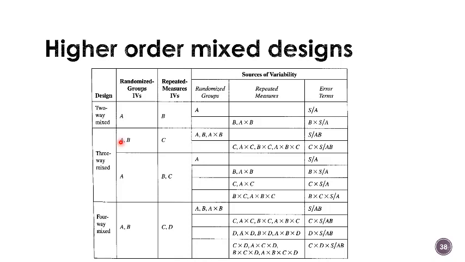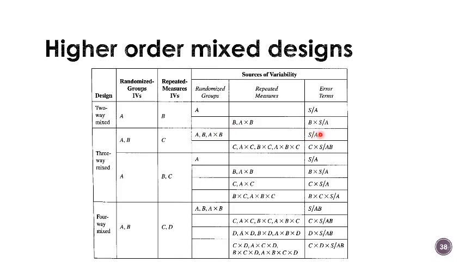So one of the things to keep in mind organizationally is that the repeated measures errors are going to coincide, so that anything that has the repeated measures variable by itself, or the repeated measures variable with the randomized groups variables, is going to have a single error. So, for example, if we have a three-way mixed design where A and B are both randomized groups, and C is the only one that's repeated measures, anything that's completely randomized groups, which is A, B, and the interaction between A and B, is going to have one S within A, B error.